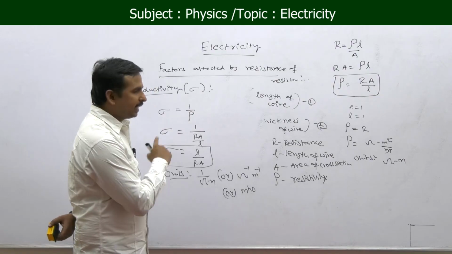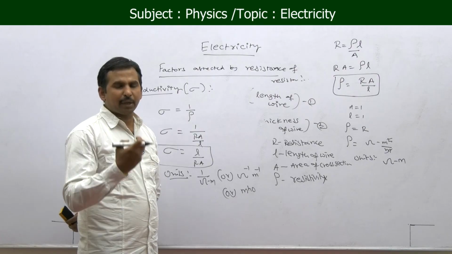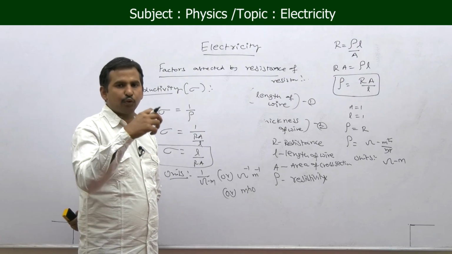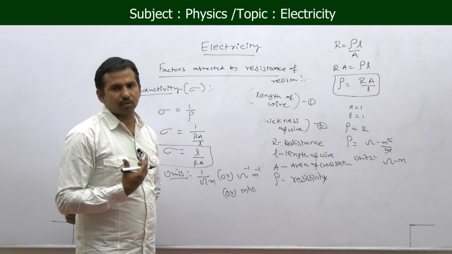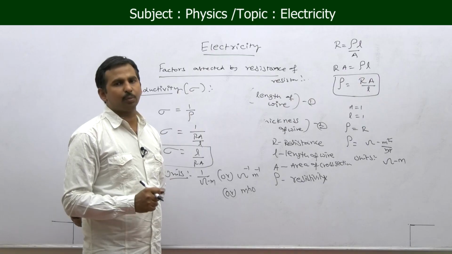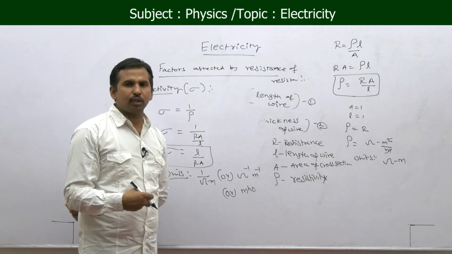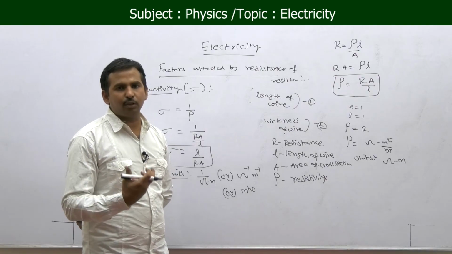That is about conductivity. Conductivity is about how much capacity the conductor has to let charges flow through it. That is what we call conductivity. Okay. So conductivity and resistivity are inversely proportional to each other. If you take an ideal insulator, its resistivity value is infinite.